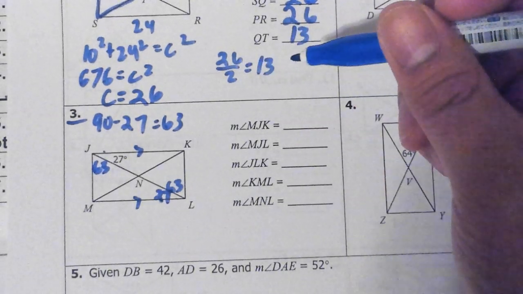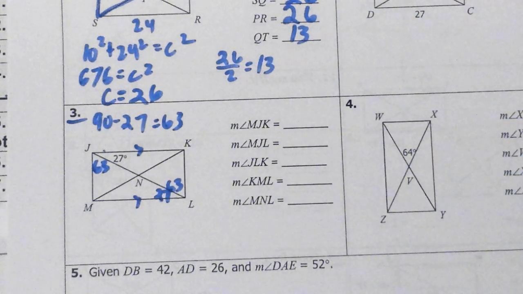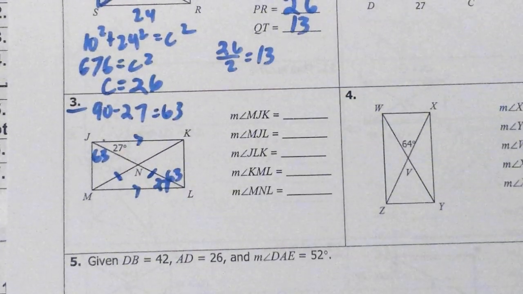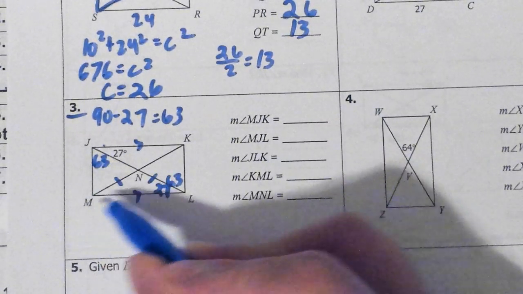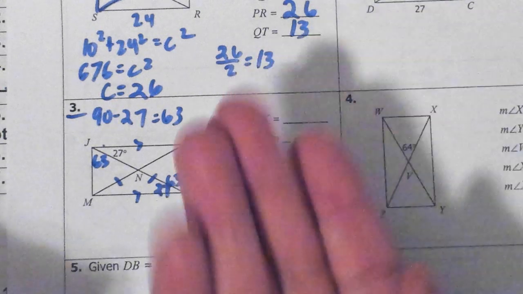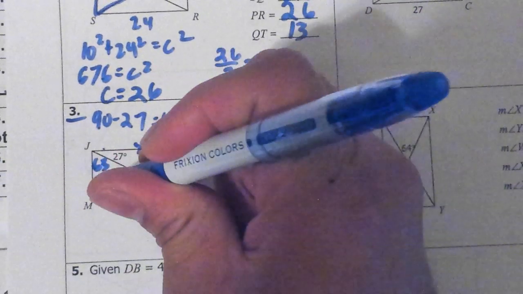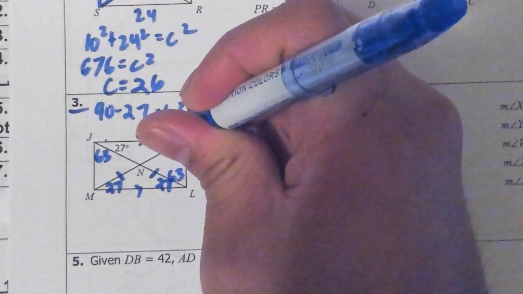So let me fill in those. And then, because these two are congruent, we have an isosceles triangle. In an isosceles triangle, the right base angle matches the left base angle. 27, 27.